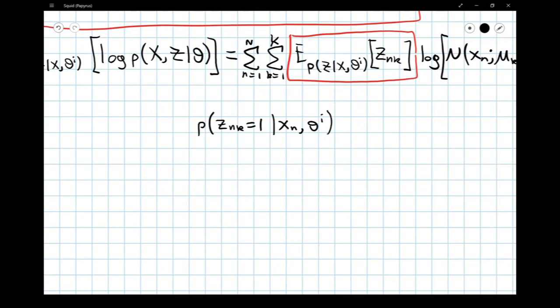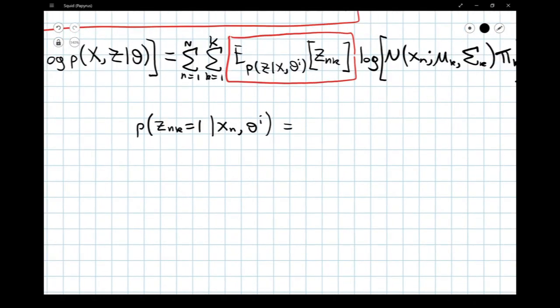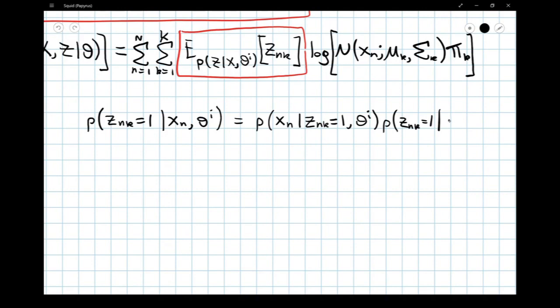Like I say, we're just going to write down Bayes' theorem, so that is equal to the probability of witnessing xn, given that Znk is equal to 1, and then still conditional on our parameters being fixed to theta I. And then the prior is just the probability of Znk being equal to 1 given theta I.